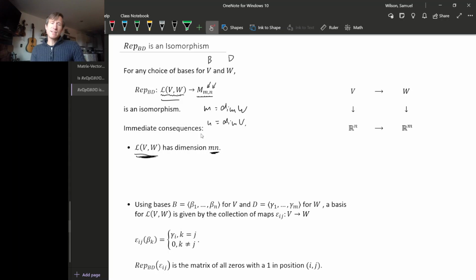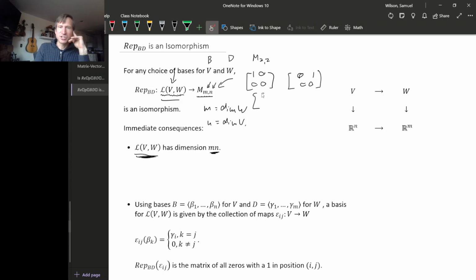Another thing that this isomorphism gives us is a nice basis for the space of linear maps. We have a nice basis for the matrix space, right? That's just all of the matrices that have a 1 in a single position and zeros elsewhere. Just for example, for M22, our basis looked like this: just 4 matrices, each of which has a 1 in a single position.